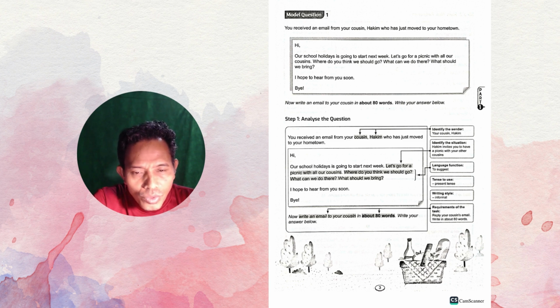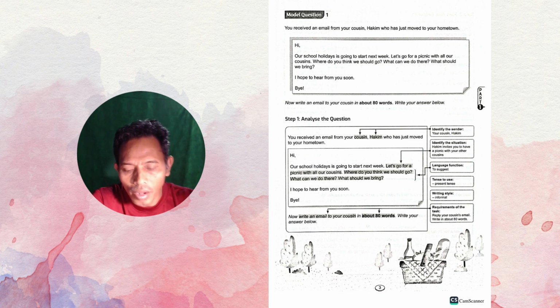Where do you think we should go? What can we do there? What should we bring? I hope to hear from you soon. Bye." Now, write an email to your cousin in about 80 words. Write your answer below.